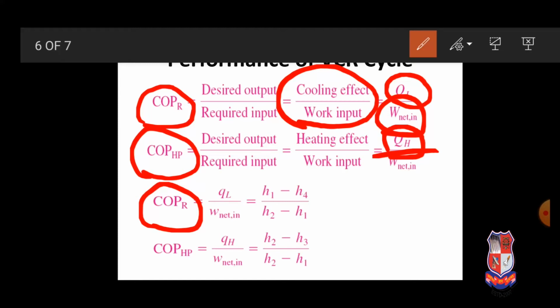So maximum enthalpy is H1 minus H4. In a similar way, the net work done is the work supplied to the compressor, considered by the enthalpy difference, maximum enthalpy minus minimum enthalpy, H2 minus H1.